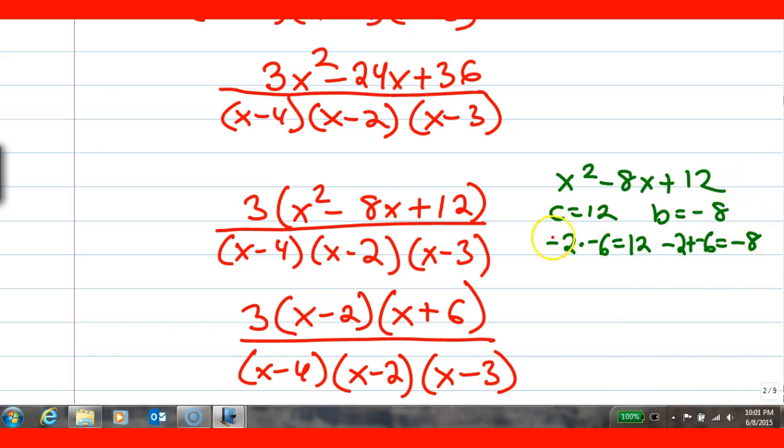So I can take these factors and put them into the binomial down here to break this trinomial apart. So I have an x minus the 2 from the factor over here, and an x minus 6 over here.